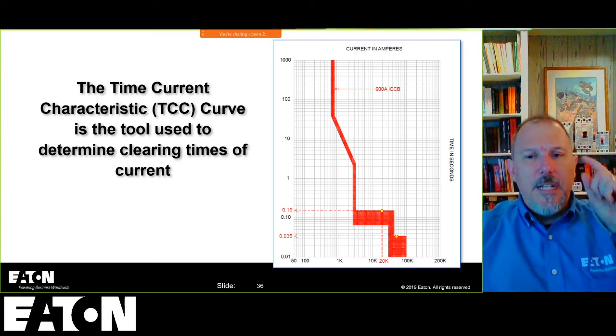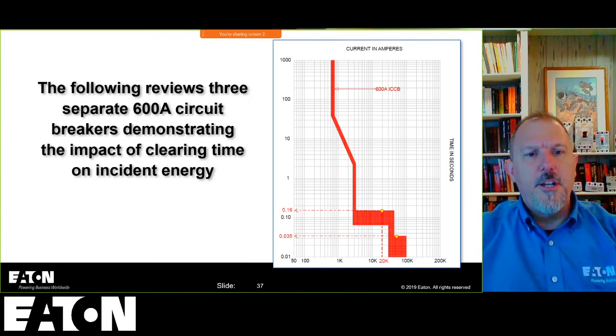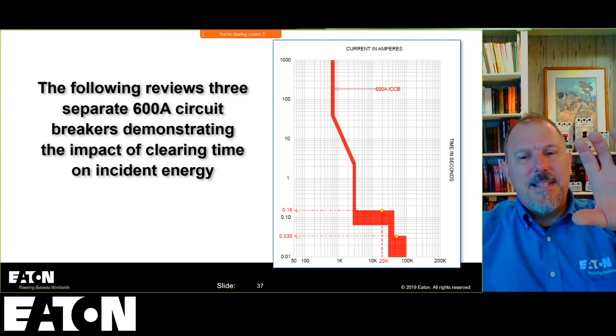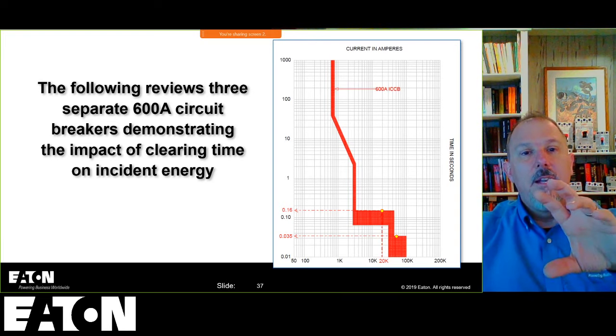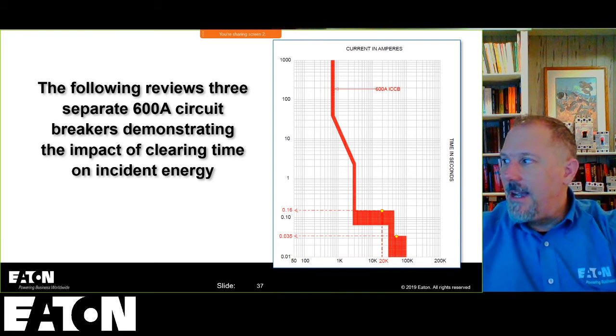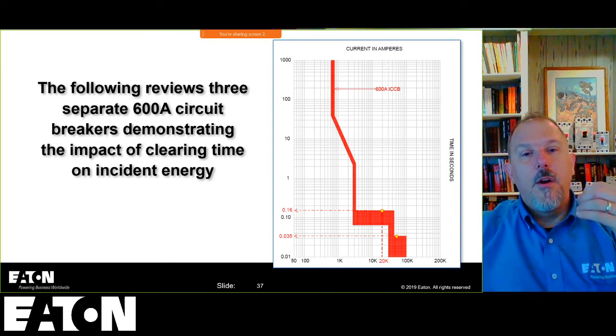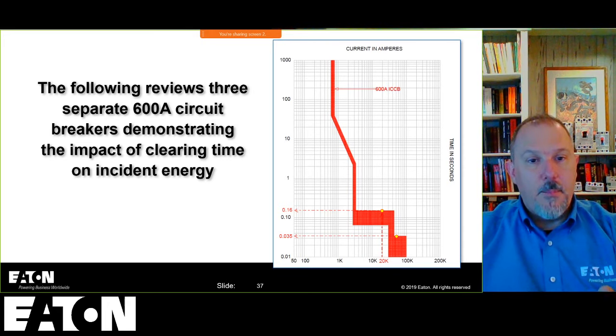So you need to know your fault currents, you need to know your arcing currents, you need to establish the clearing time. And what the next few slides show you are the clearing time and incident energy numbers for 3 600 amp breakers: a molded case circuit breaker, an insulated case circuit breaker, and a power circuit breaker.